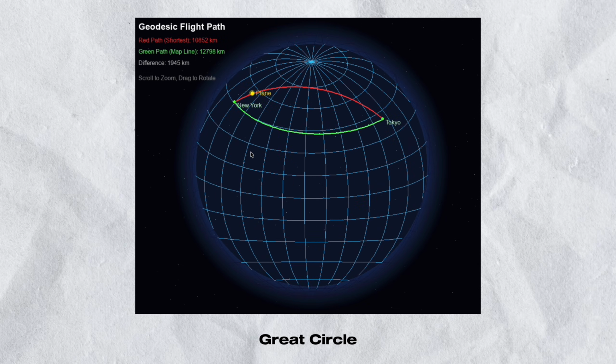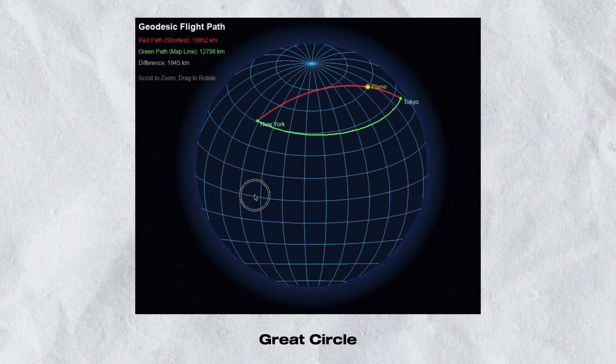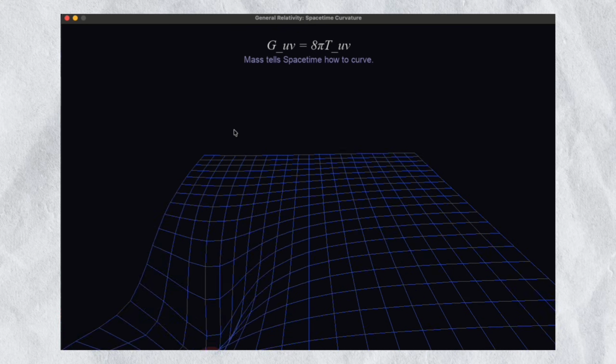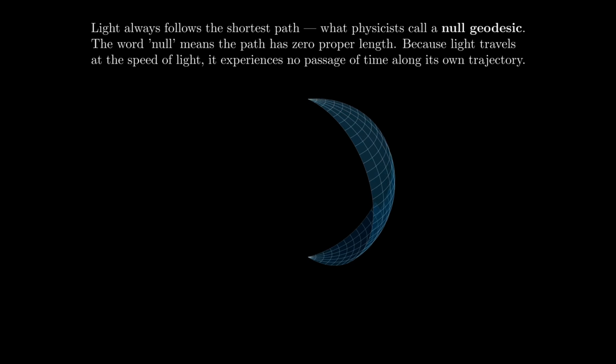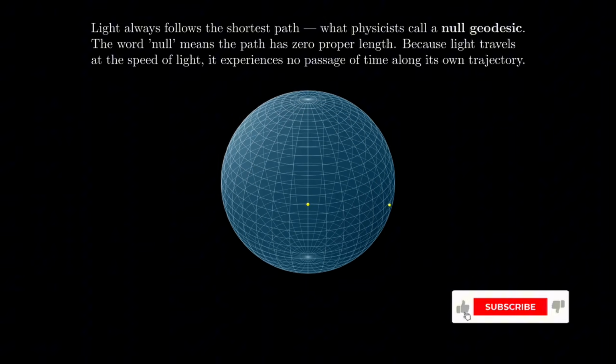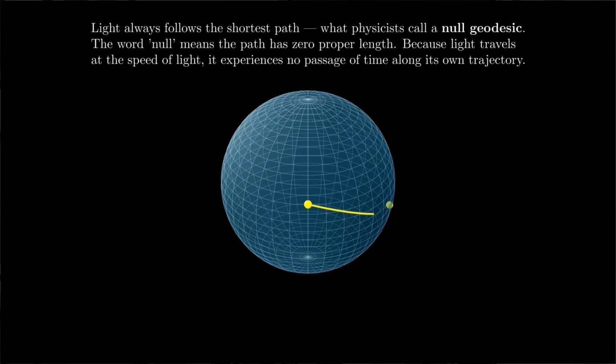The same principle applies to light in curved spacetime. Light always follows the shortest path, what physicists call a null geodesic. The word null means that the path has zero proper length, because light travels at the speed of light, it experiences no passage of time along its trajectory.